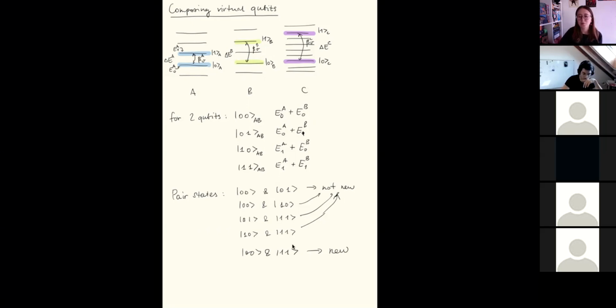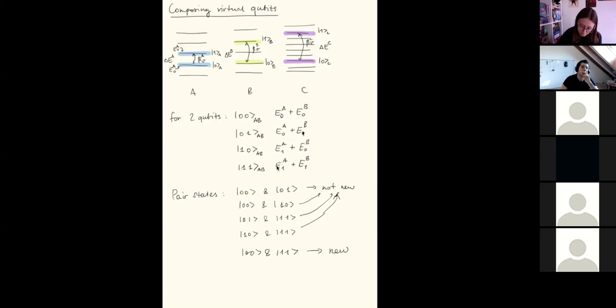Essentially that will be a new virtual qubit with the energy gap delta EA plus delta EB, because to calculate that energy gap, we just need to calculate the difference between the eigenvalues corresponding to these eigenstates. So E1A plus E1B minus E0A plus E0B, which would give us just delta EA plus delta EB.